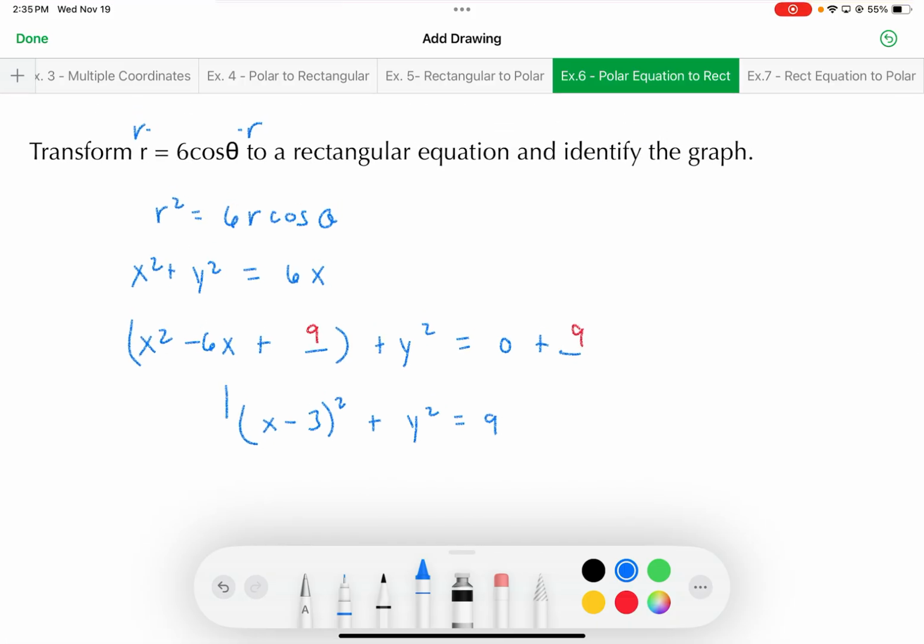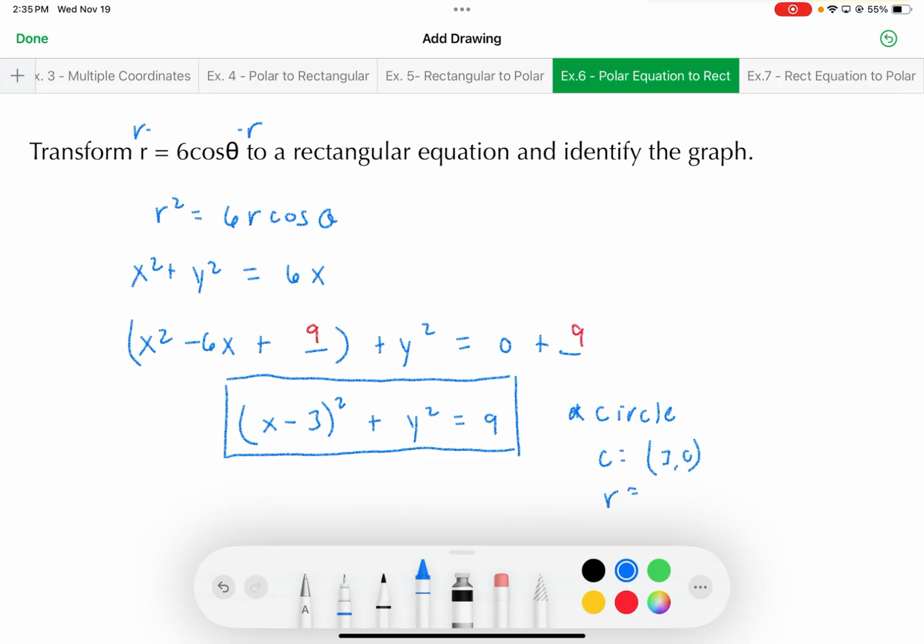What is that an equation of? That is a circle with a center of (3, 0) and a radius of 3, yes? Okay, so anytime I see an equation in polar form of r equals a number times cosine or sine, I'm going to know that that's an equation of a circle now. We'll look more at those in the days to come.